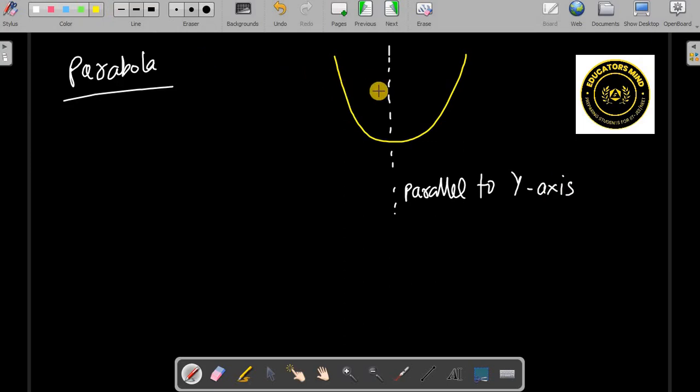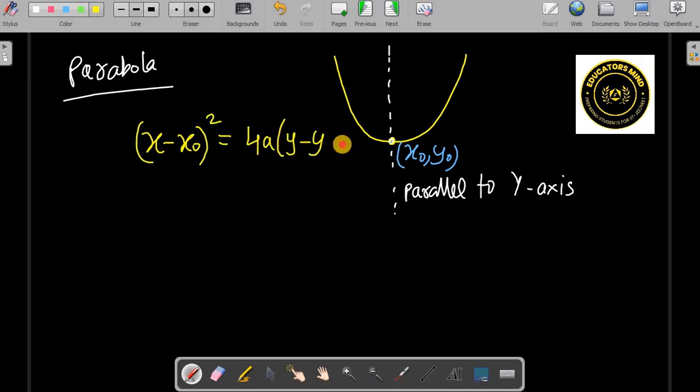So the general form is x square is equal to 4ay, but the vertex is now something, not 0, 0, it's not the origin. So let's say this is x naught comma y naught. Here also this equation will be (x minus x naught) square is equal to 4a (y minus y naught).